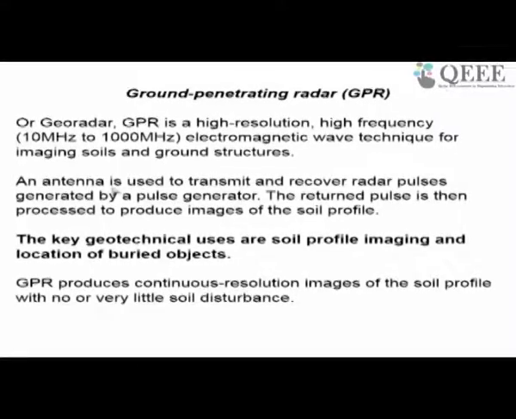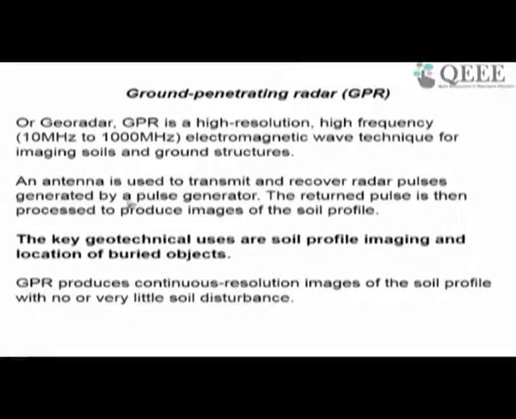It is a high resolution, high frequency technique, 10 megahertz to 1000 megahertz, for imaging soils and ground structures. There will be one antenna with this ground penetrating radar, which transmits and receives the pulses. It generates a pulse and transmits it to the ground.